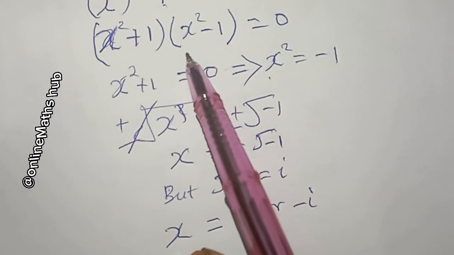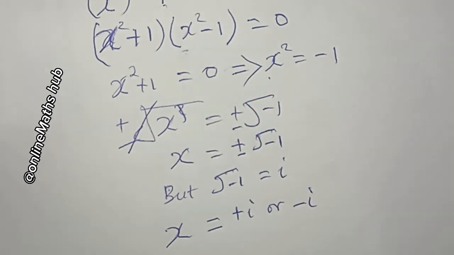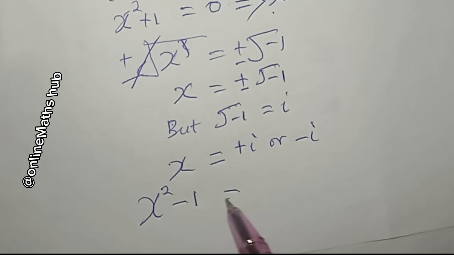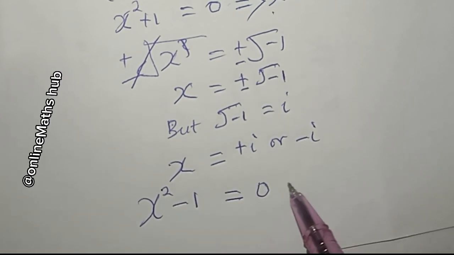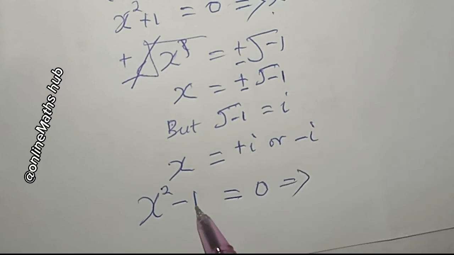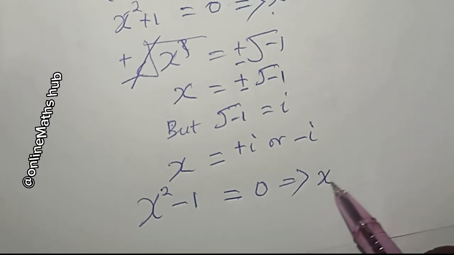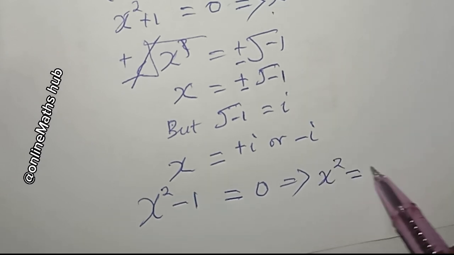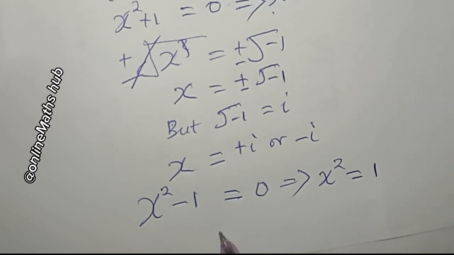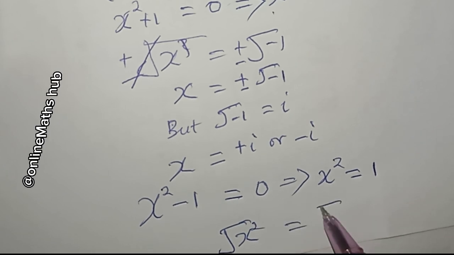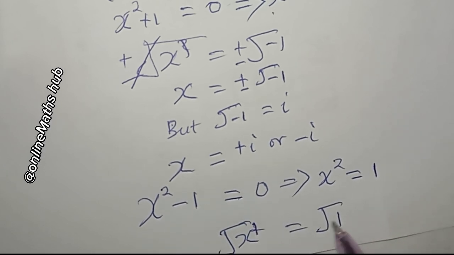Taking the second case, where we have x squared minus 1 is equal to 0, we can take this minus 1 to the right hand side, so that x squared is equal to 1. We proceed by taking the square root of both sides: the square root of x squared is equal to the square root of 1.